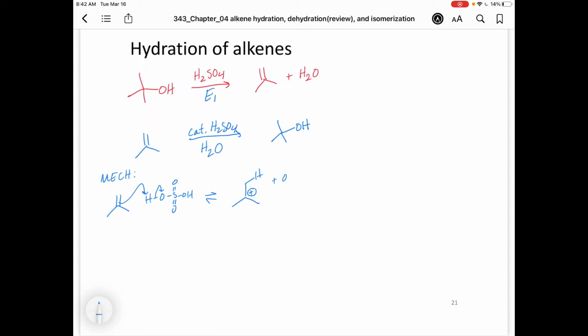Now, we have this conjugate base floating around, but we know this is non-nucleophilic. That negative charge is shared within that compound, but we do have a lot of water. So we're going to have water come over, and it's going to attack this carbocation.